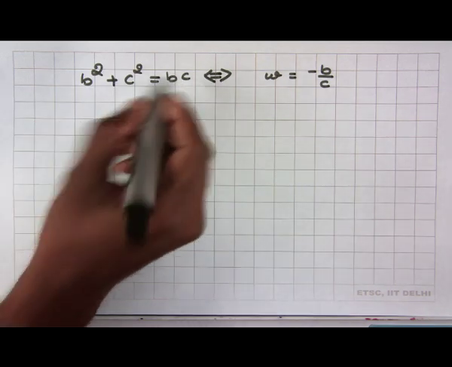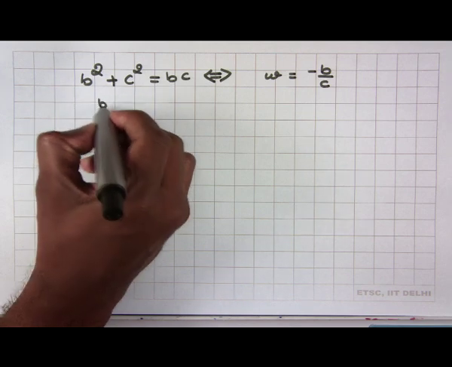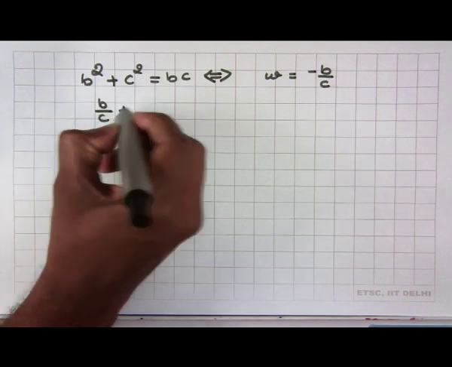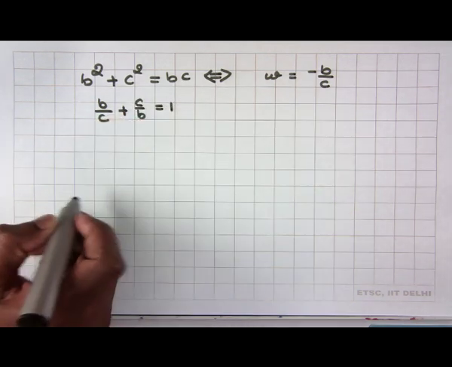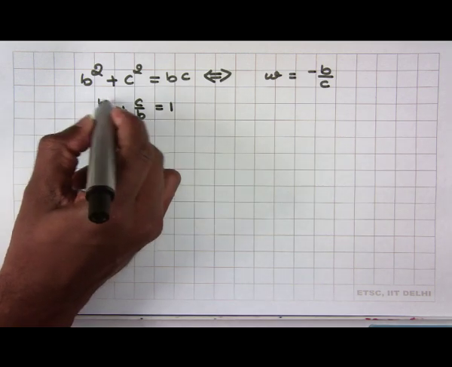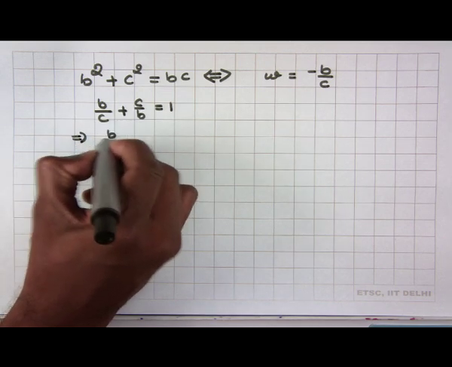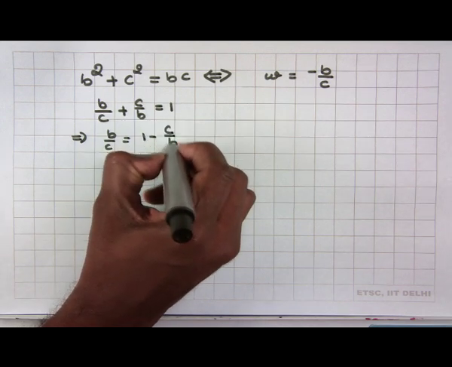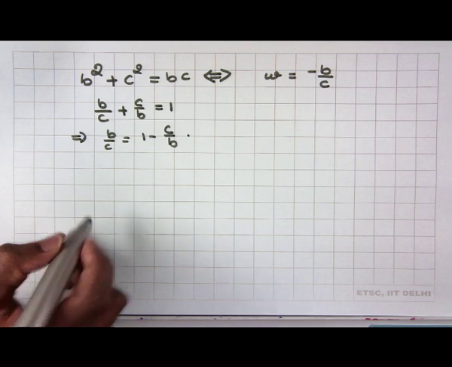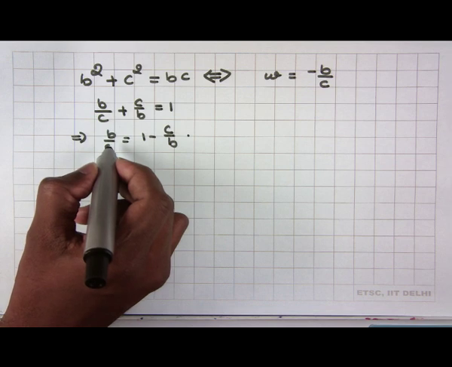Now, this equation gives us B by C plus C by B equals 1. From this we have an expression for B by C: B by C is 1 minus C by B. Now, we can try to claim that B by C is a cube root of unity.